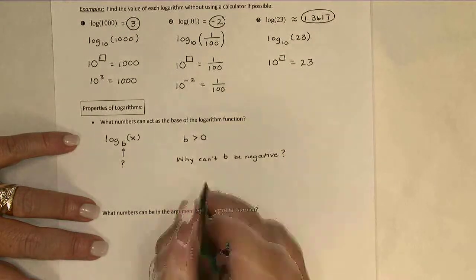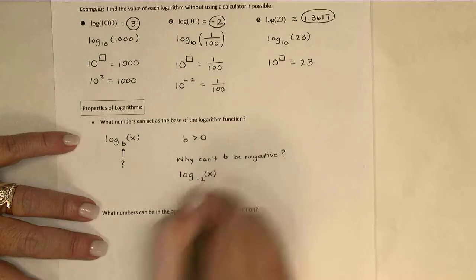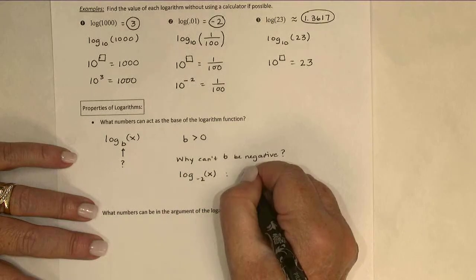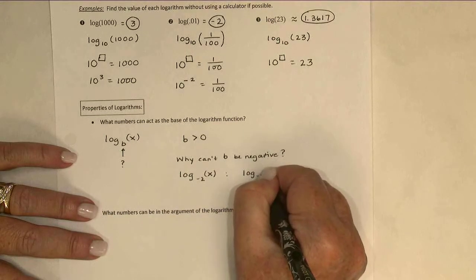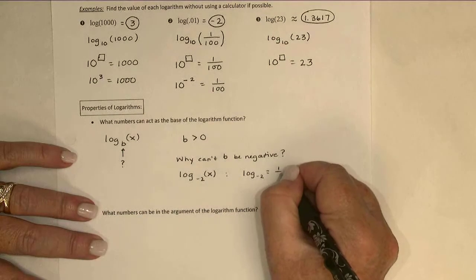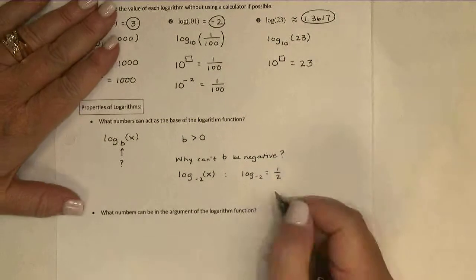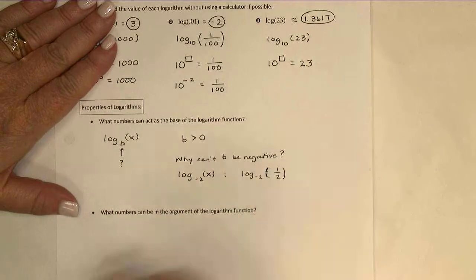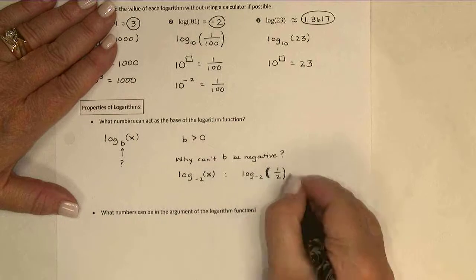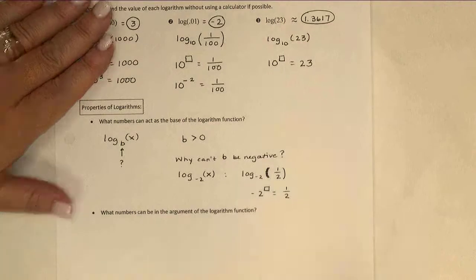If b were a negative number, let's just say for a moment I said the log base negative 2 of x. And then let's say I tried to find the log base negative 2 of 1/2. What I'd be saying is negative 2 to what power gives me positive 1/2.